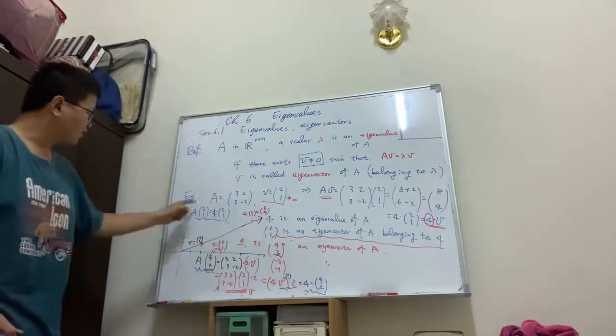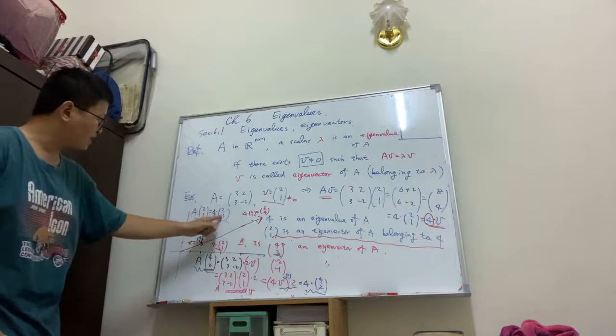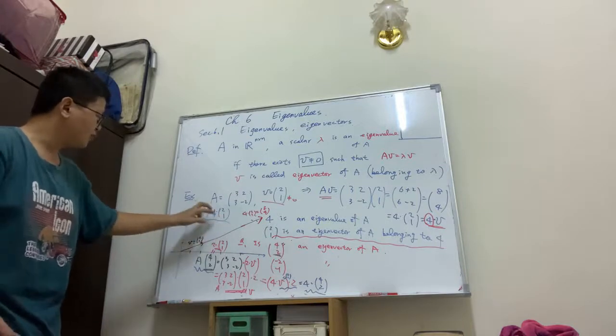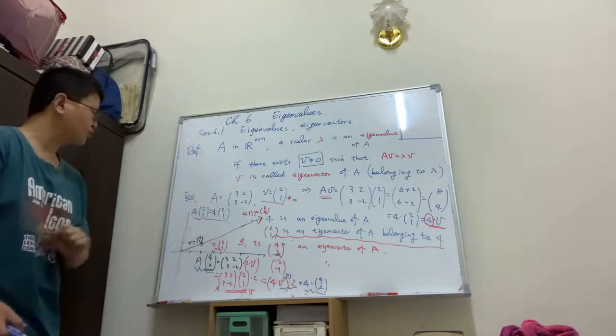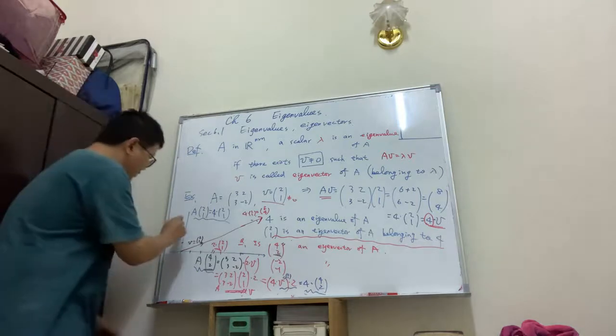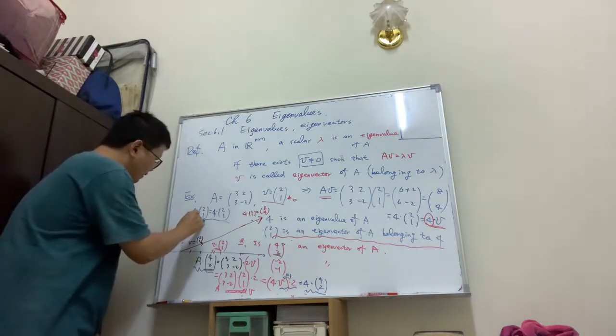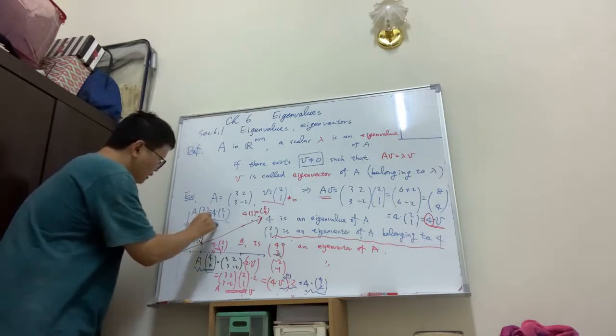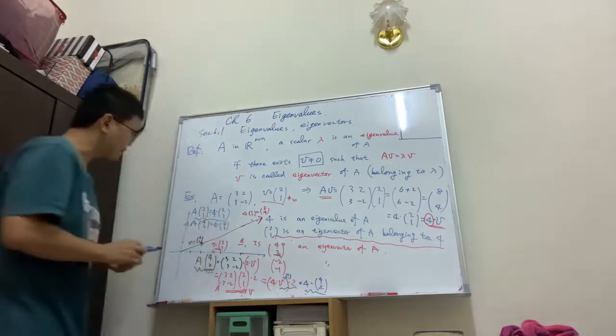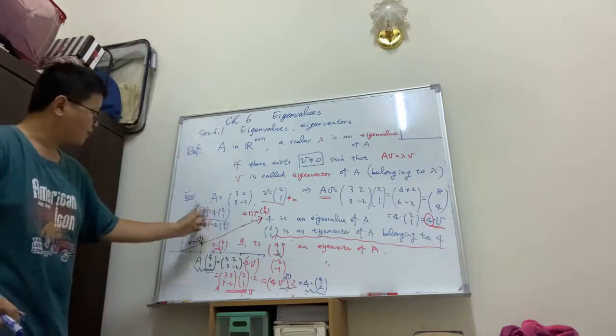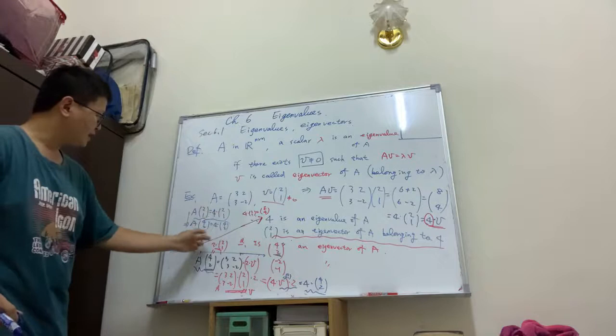Originally we had A times v1, (2, 1), equals 4 times (2, 1). Now if we replace the vector (2, 1) by the vector (4, 2), we still have this equation, A times (4, 2) equals 4 times (4, 2). If we multiply the vector by 2, this equation also holds, because we multiply both sides by 2 simultaneously.